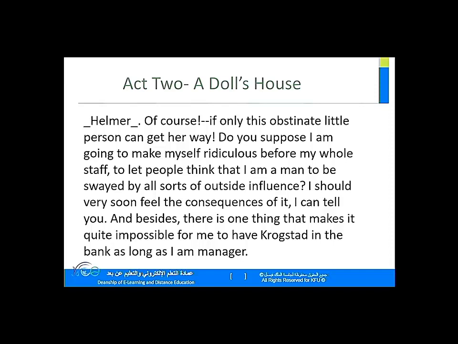But they separated for a long time, and when they met again, they were in two different positions. Krogstad is in just a small post, while Helmer is the manager of the bank. But Krogstad is still dealing with Helmer the same as if they were still intimate friends.